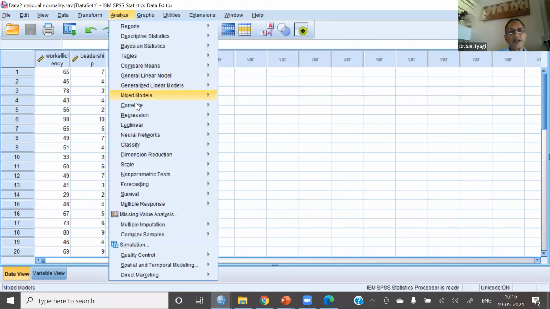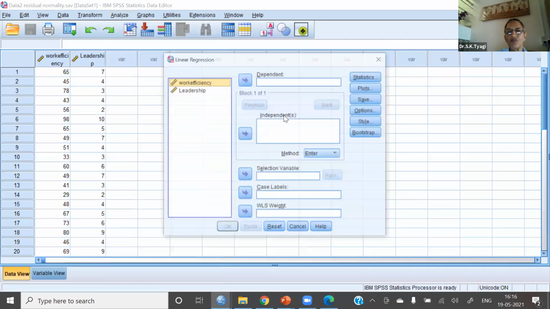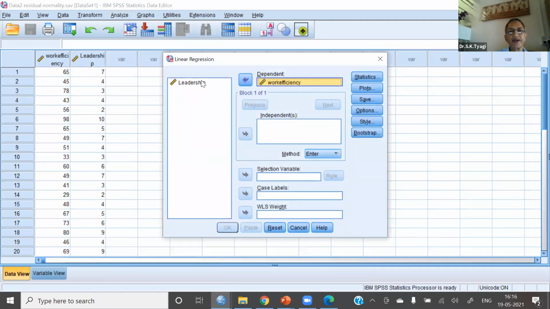So again, regression, linear, dependent, independent, statistics.